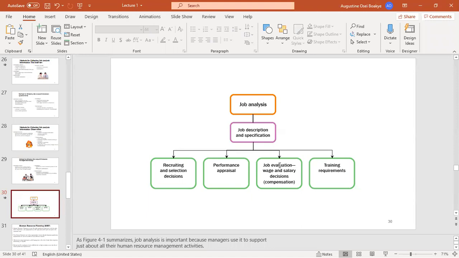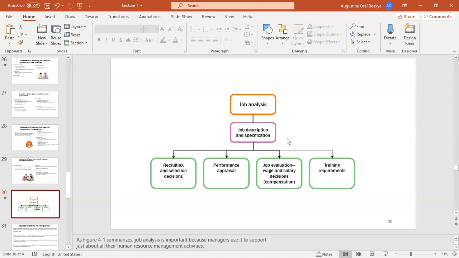Moreover, when it comes to job evaluation, which is basically about the degree to which values will be assigned to the various positions or jobs in an organization, the job analysis information will assist the HR manager to decide why the managerial positions will be paid higher than the entry-level positions.